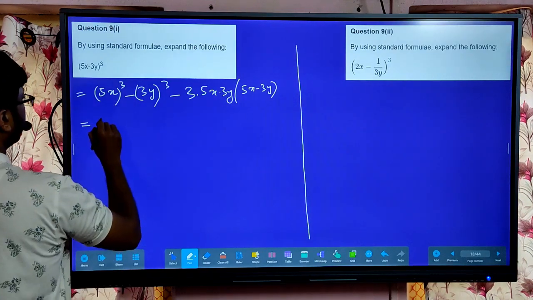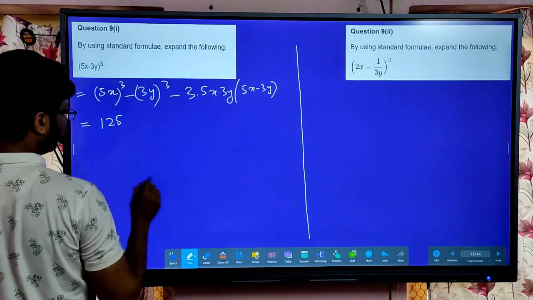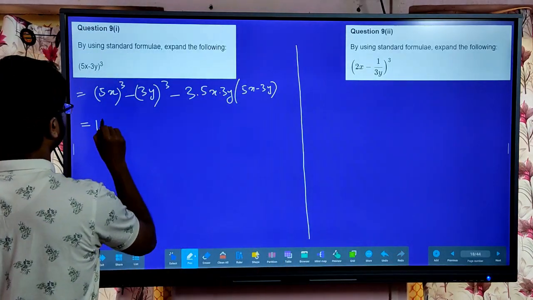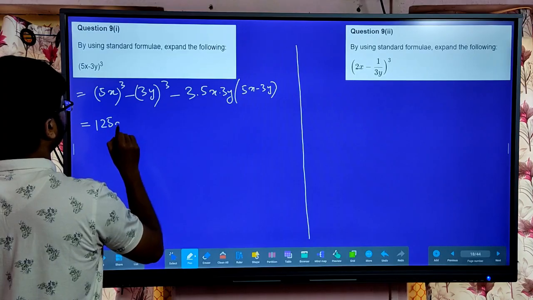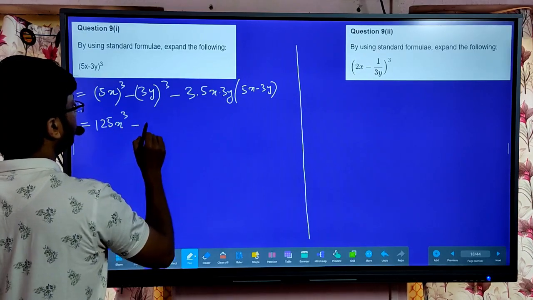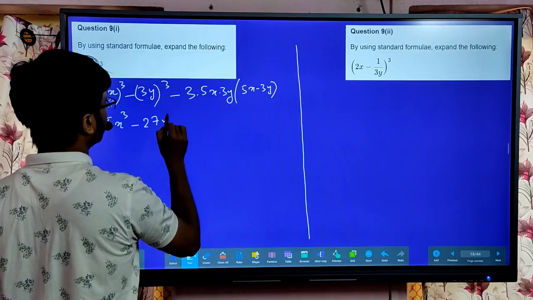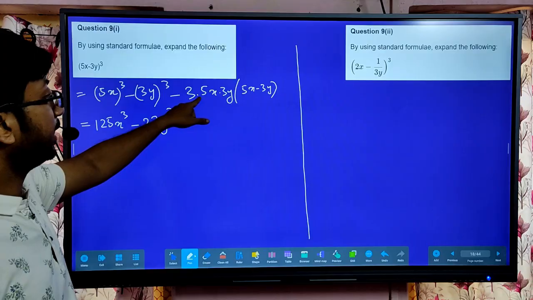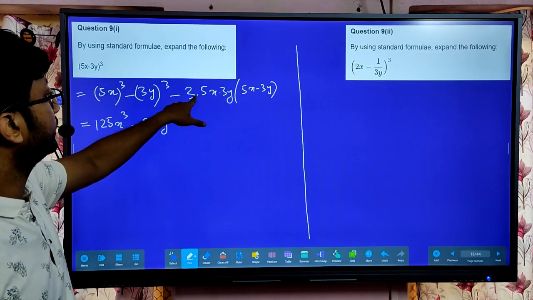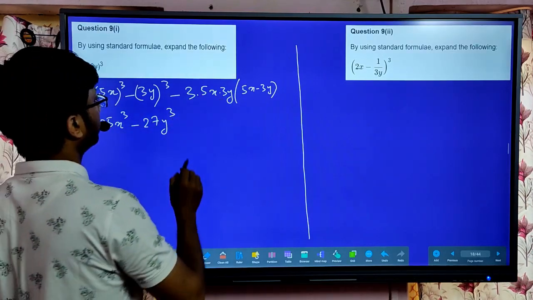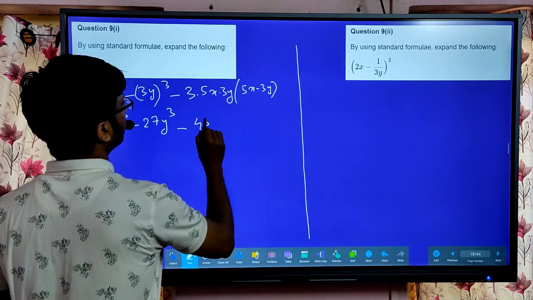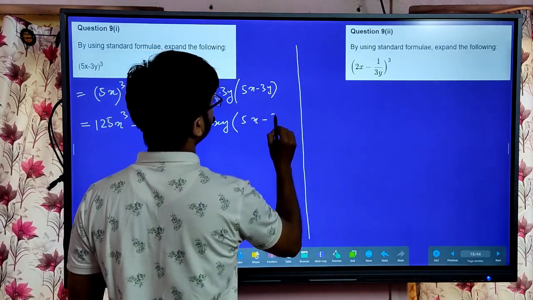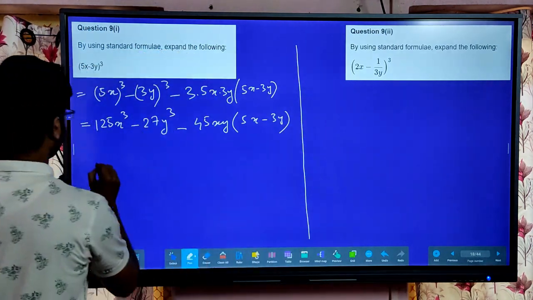So it will be 125x cube minus 3 cube is 27y cube. Here, this is not 35, this is 3ab, 3 into 5x into 3y. So 3 times 5 is 15, 15 times 3 is 45. So minus 45xy into 5x minus 3y.